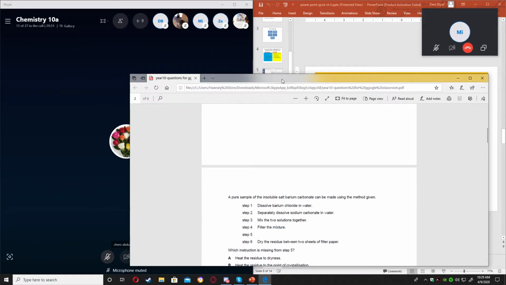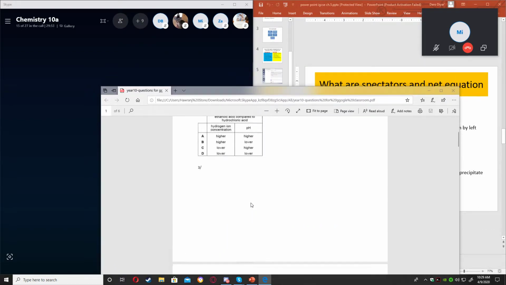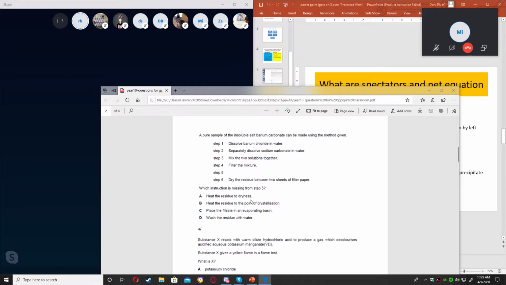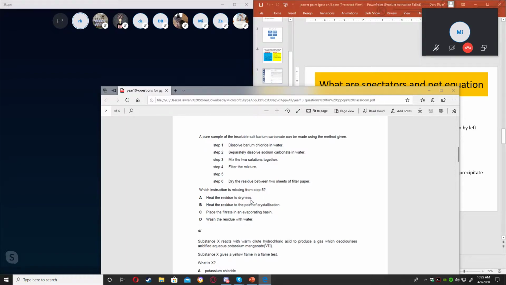Okay. Why do we do this? Because at step 6 it says dry the residue, and for you to do that you need to put in water first. Okay. What are those steps about?